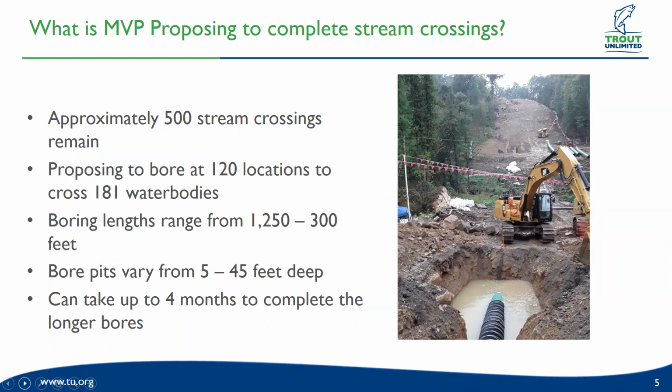The boring lengths vary anywhere from 300 feet to 1,250 feet, and the bore pits can vary anywhere from 5 to 45 feet deep. And some of the longer borings would take up to 4 months to complete.